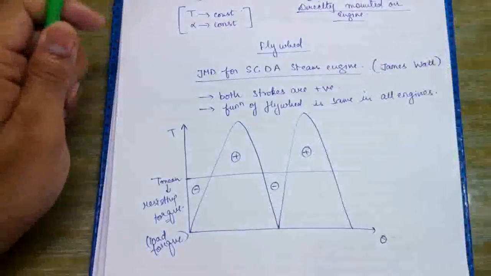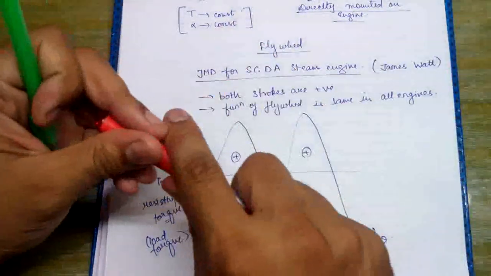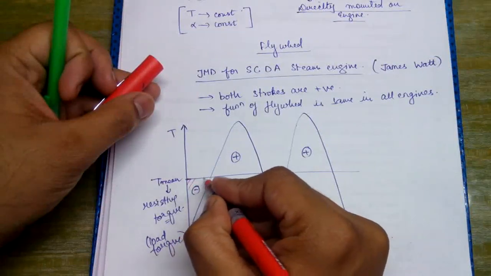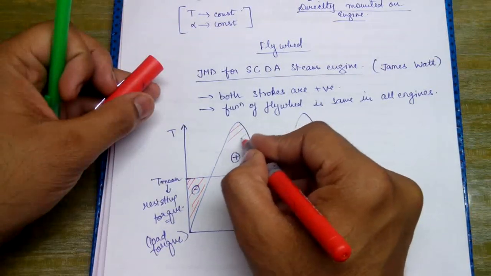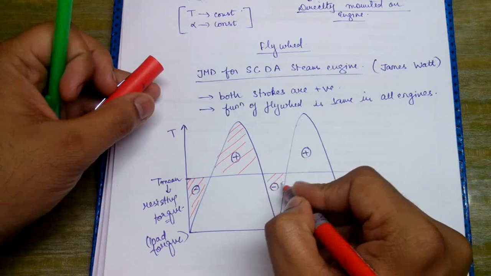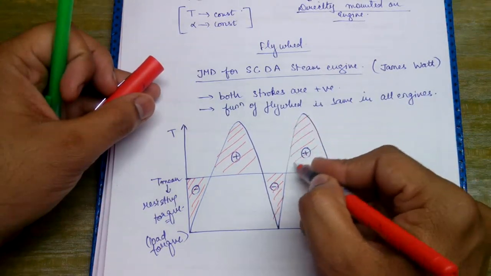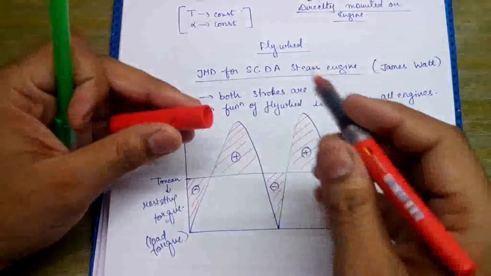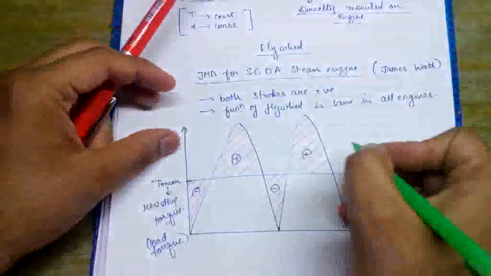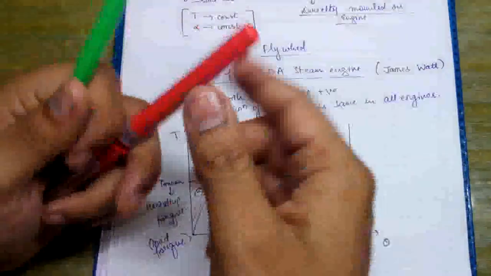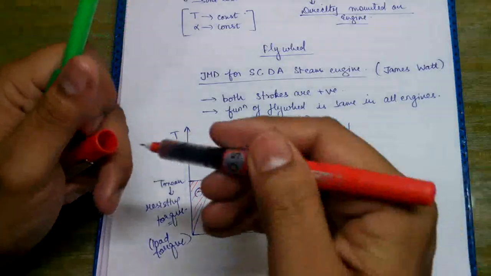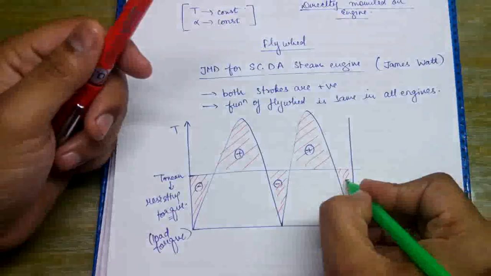So the portions which are lying above, we are mainly going to focus on these regions. This is the positive region, and this is also a negative region.